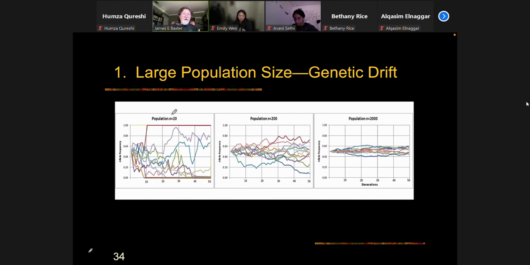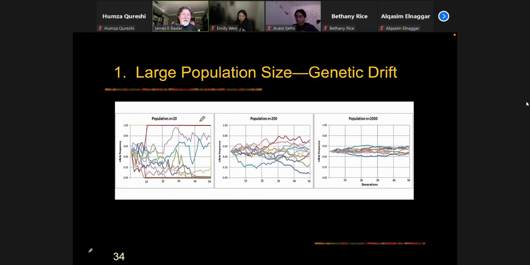Now, if it's a real small sample size, and now this has been iterated in a population, I haven't counted all the lines here, but I think there's probably about 25. So we have about 25 populations here that we started with P equals 0.5.